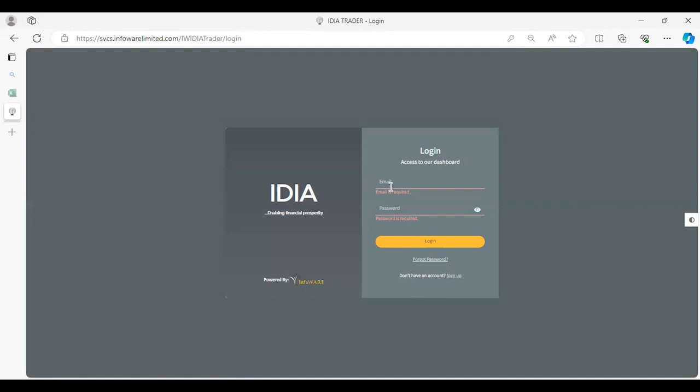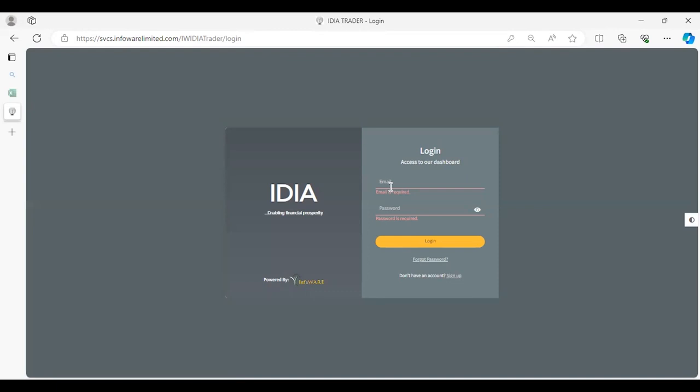But in the next few minutes, I'm going to walk you through the IDIA Trader with an existing portfolio. So the assumption is that you've opened an account with a broker already, and you have funded it or you have an existing portfolio.